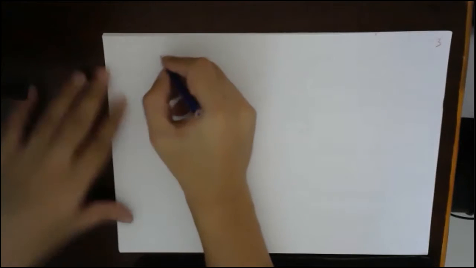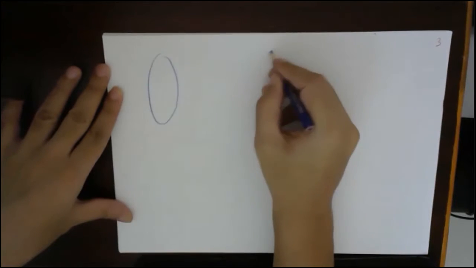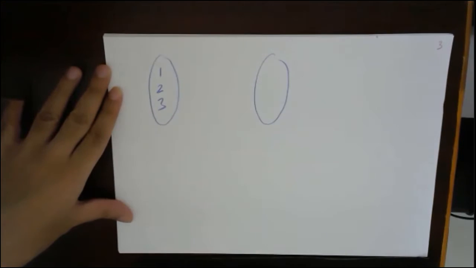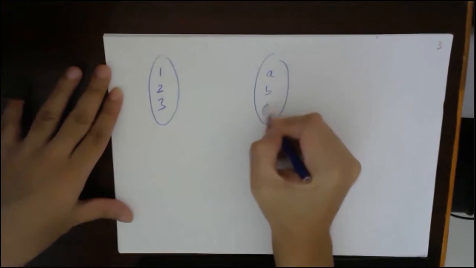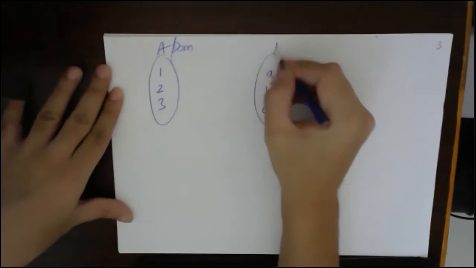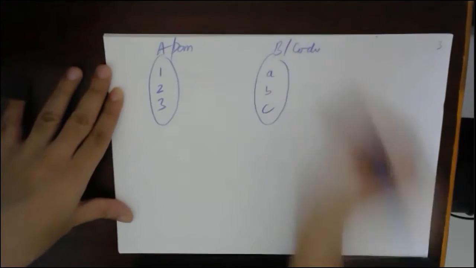Okay. Now, suppose we have been given two sets. Here we have 1, 2, and 3, and in this set we have A, B, and C. This is set A, also known as domain. This is set B, also known as codomain.